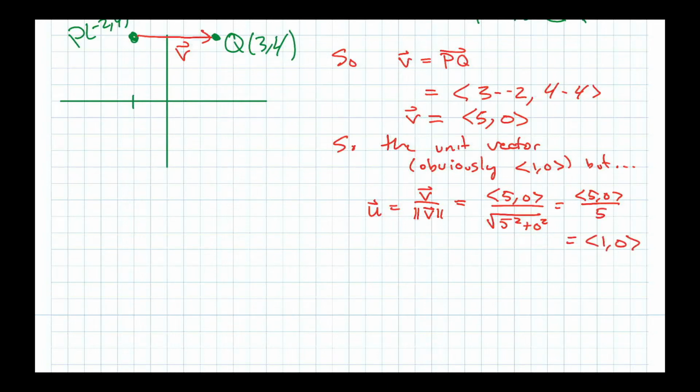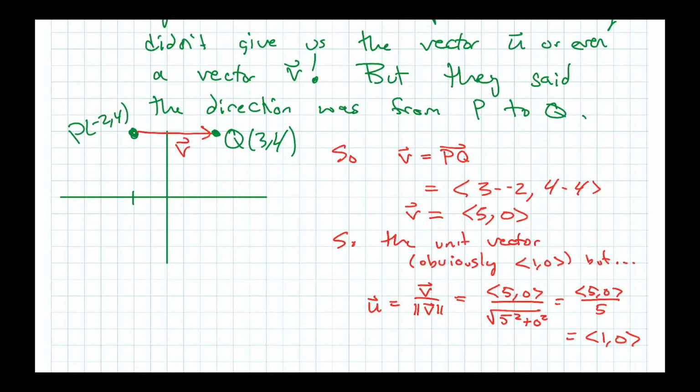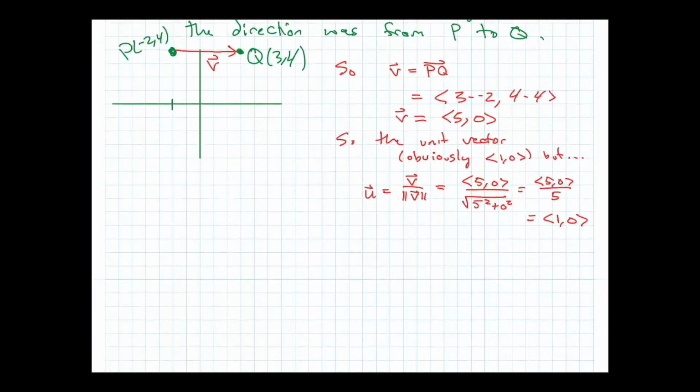Okay, so of course you didn't need to do that work, but you could, right? We needed to work out that unit vector before we could do this. So now we have the right direction, 1 comma 0.